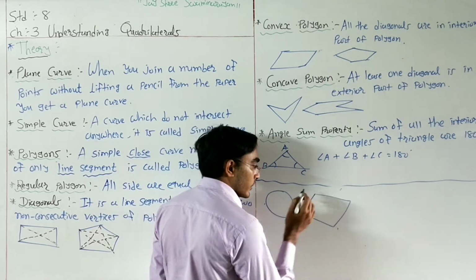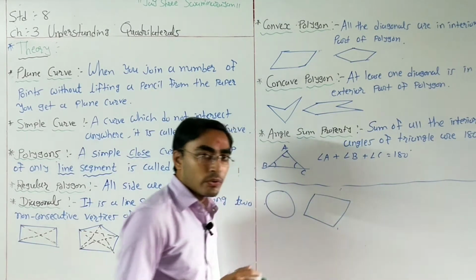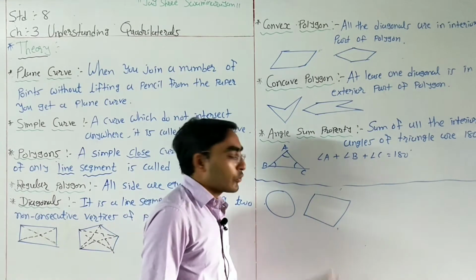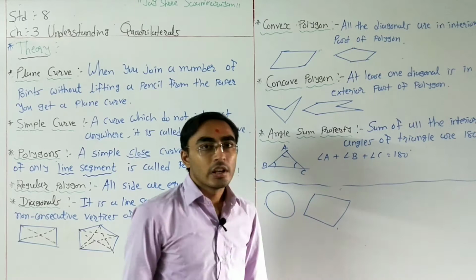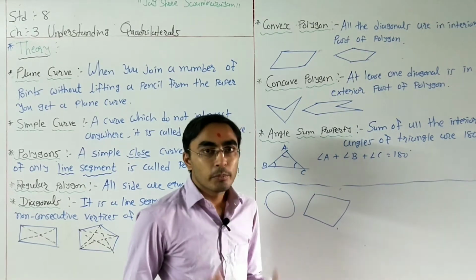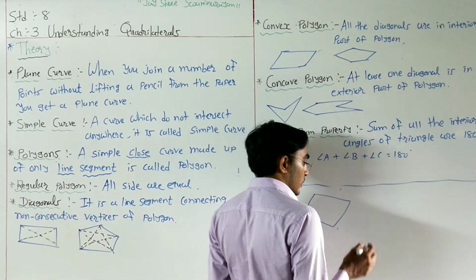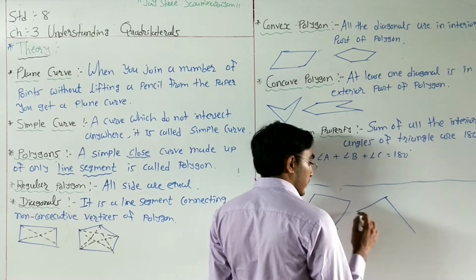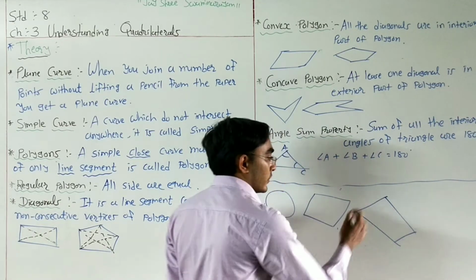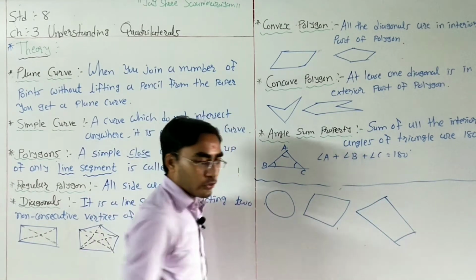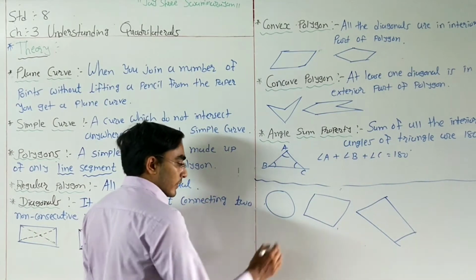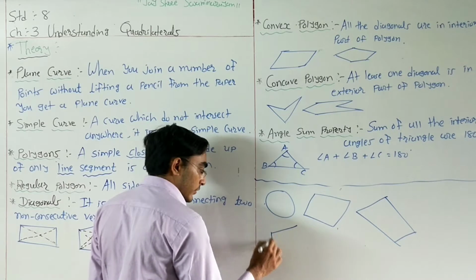If we draw like this, this is a closed curve and simple too, so it is called a polygon, and here I only use line segments. So this is a polygon. You can also draw like this. This is also one polygon. Only line segments are there and it is a closed curve. You can also draw like this.